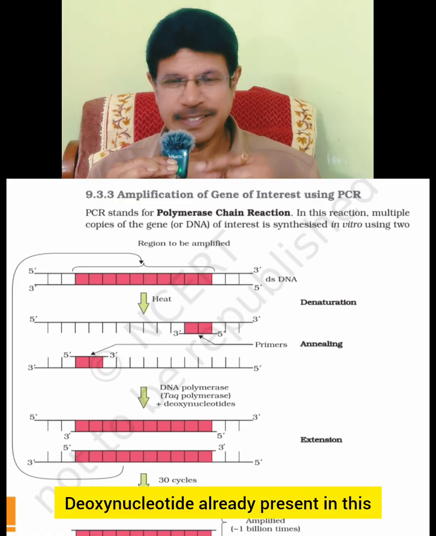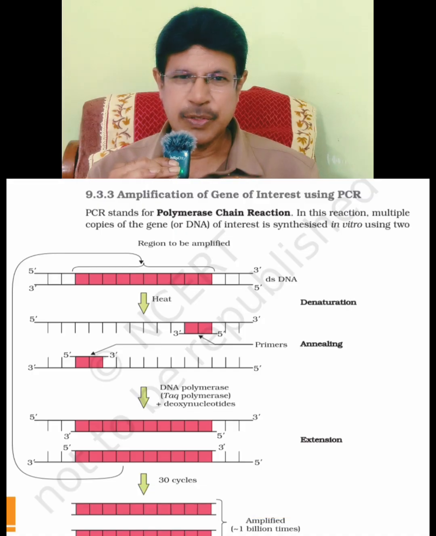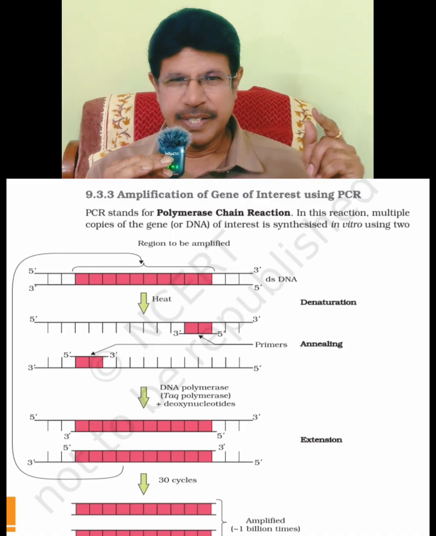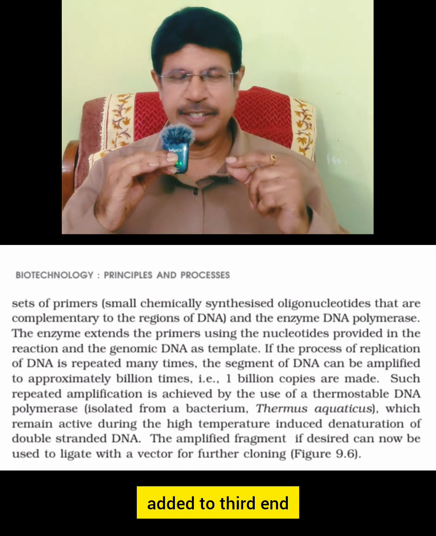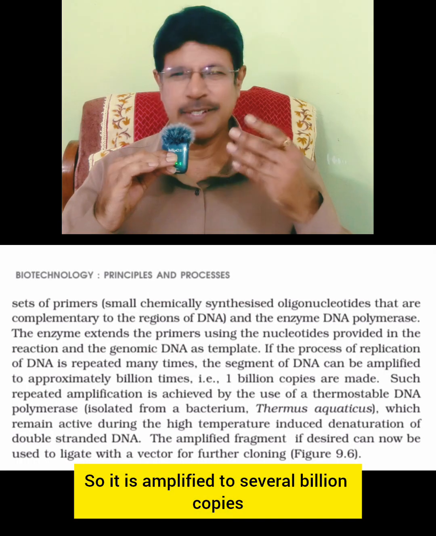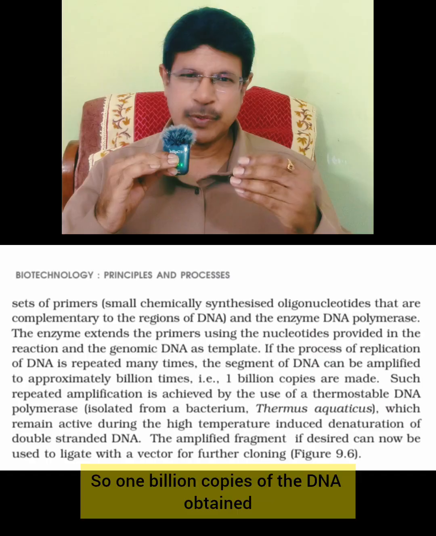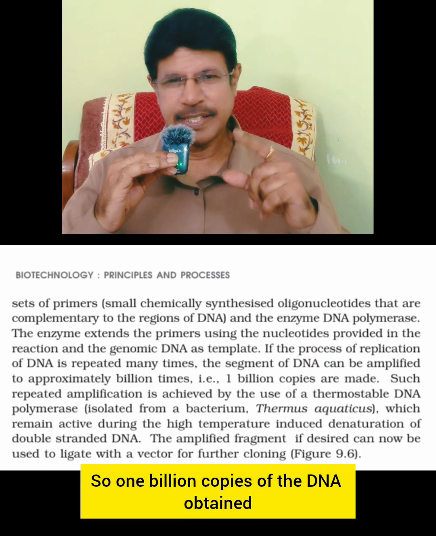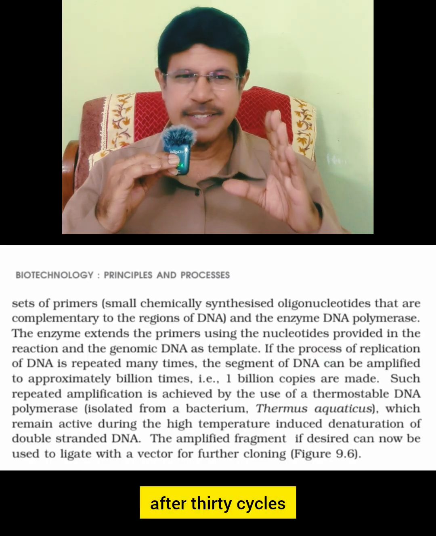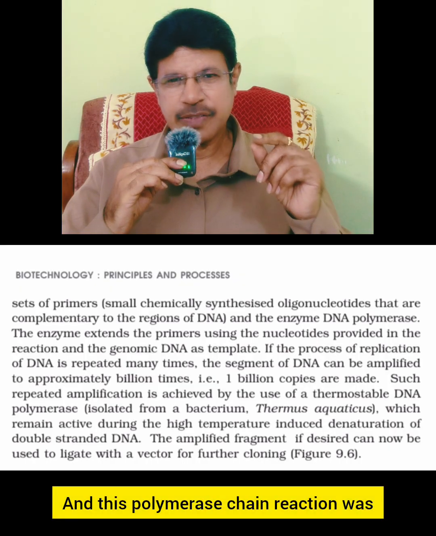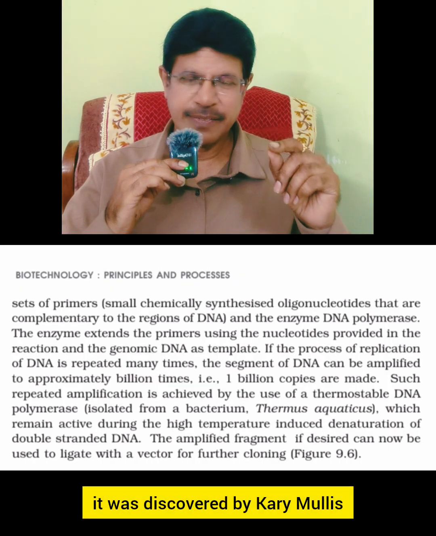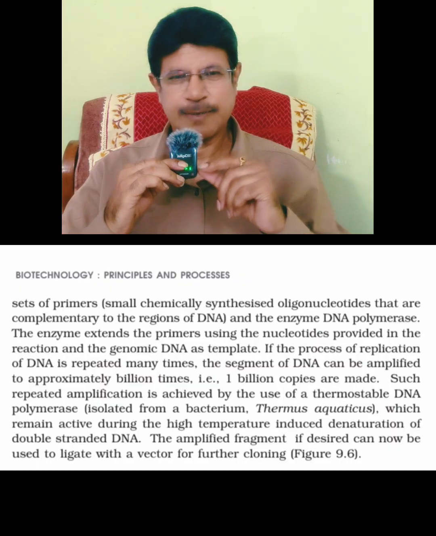Deoxynucleotides already present in this. So DNA synthesis occurs in 5 to 3 direction, added to the 3 prime end. So it is amplified to several billion copies. One billion copies of the DNA are obtained after 30 cycles. And this polymerase chain reaction was discovered by Kary Mullis.